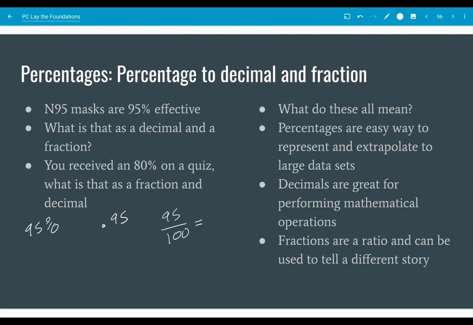But remember, you have to simplify. So that gives you 19 out of 20. Okay. Try doing the 80% on your own and see what you can come up with.